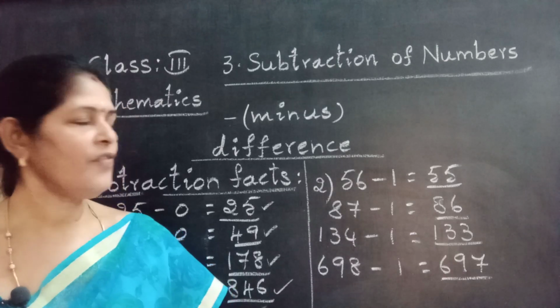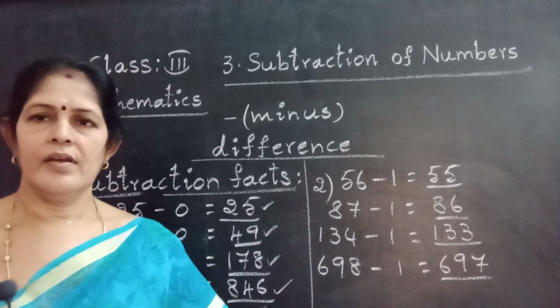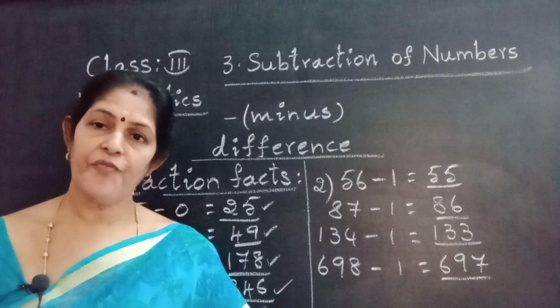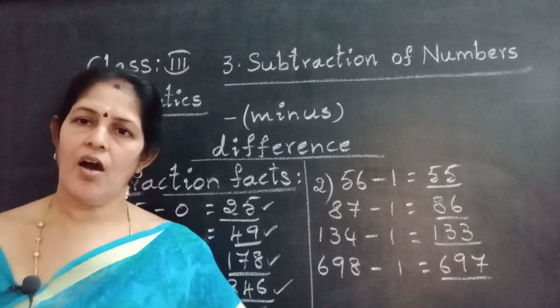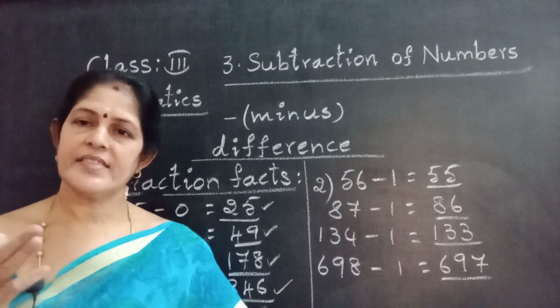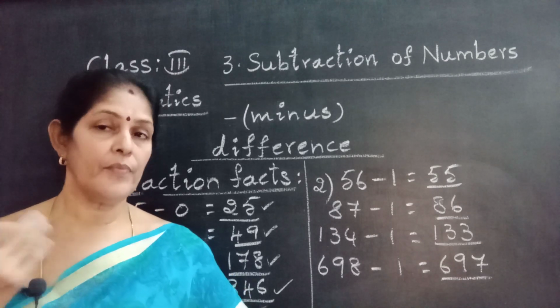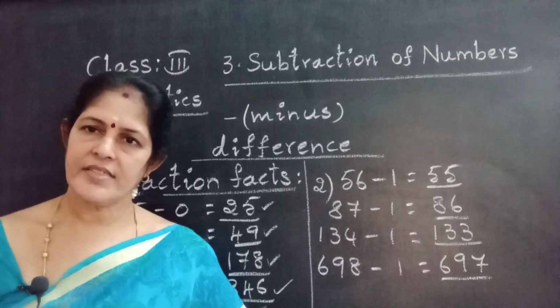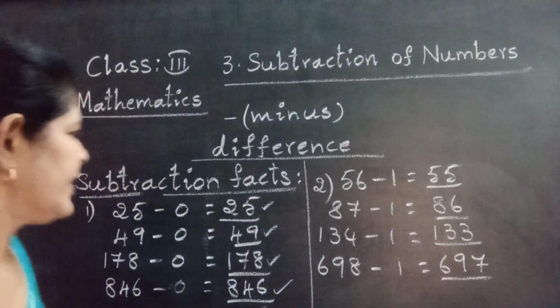Okay. The third one is, when we subtract a number from itself, the difference is 0. That means when we subtract a number from the same number, the answer is 0. Now let us see the third one.